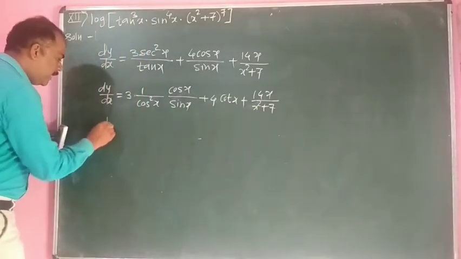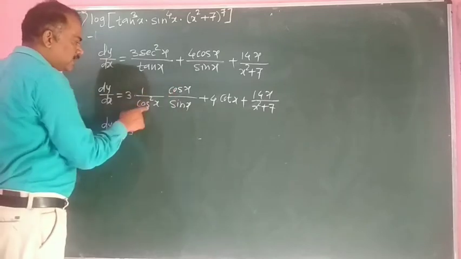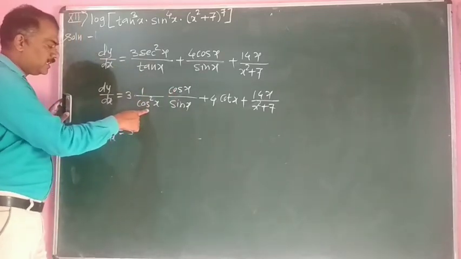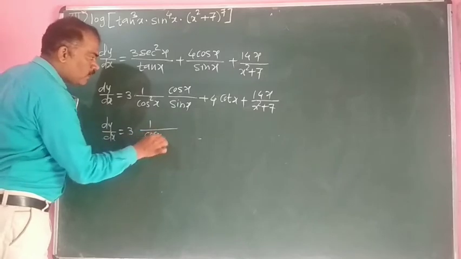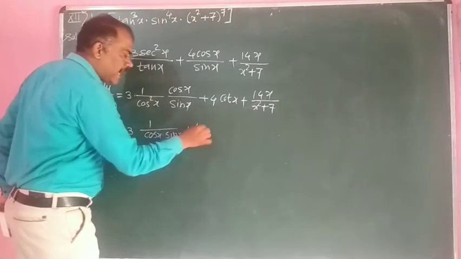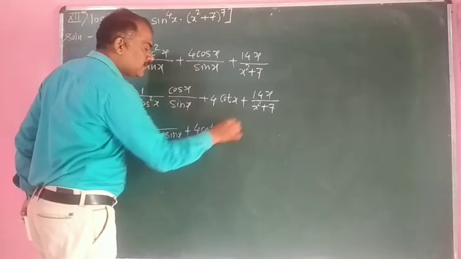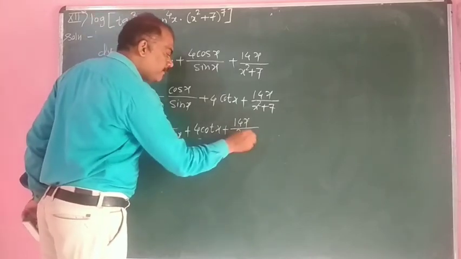That is dy by dx is equal to 3 into, here cos x is there, here cos square x is there, one cos x gets cancelled, so the remaining is 1 upon cos x into sin x, plus whatever next is there as it is, 4 times cot x plus 14x divided by x square plus 7.